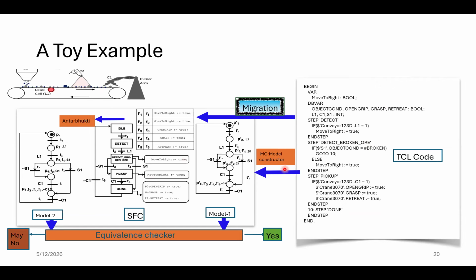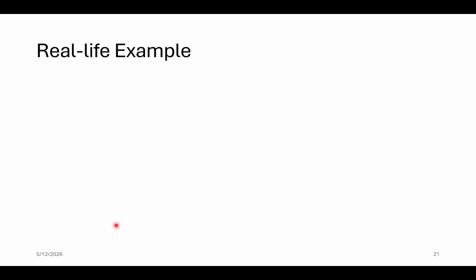Using the model constructor of our previous tool, Antarbhuti, we get the Petri net model. And these two Petri net models are almost structurally similar. Of course, the behavior is equivalent. If it gives the yes answer, it's fine. If it gives the no answer, that means we can't say. So the method is sound, but not complete.